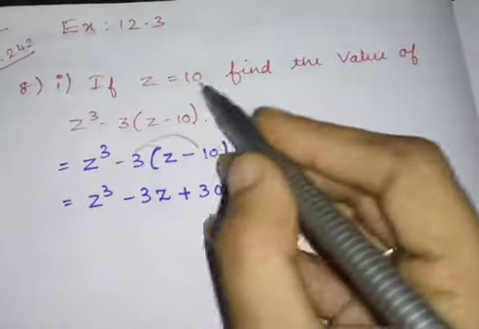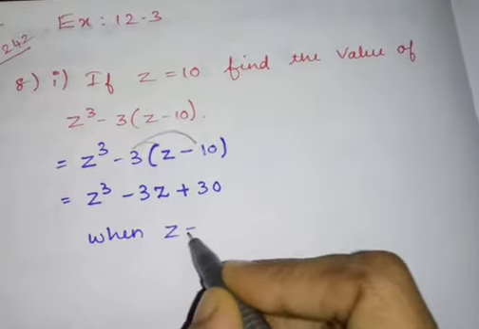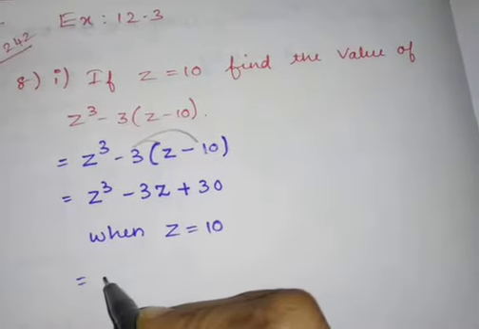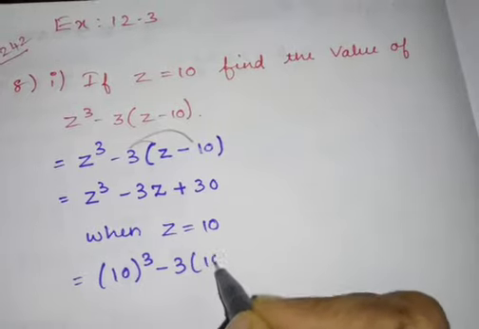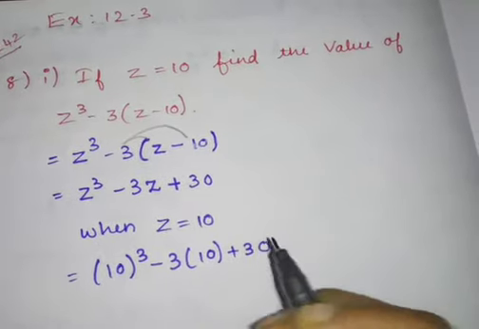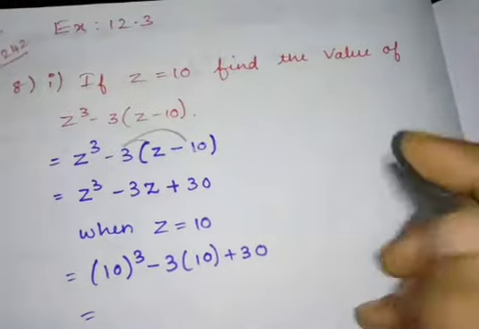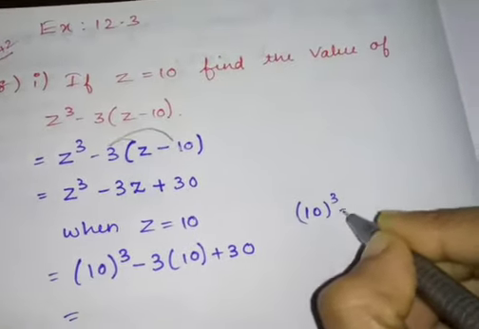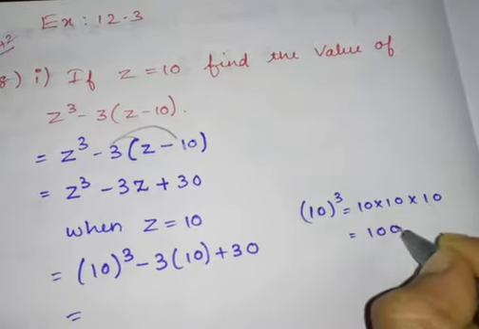Now we have to substitute z is equal to 10. So when z is equal to 10, what is the value of the expression, children? 10 cube minus 3 into 10 plus 30. Now 10 cube is 10 into 10 into 10, which is nothing but 1000, correct?